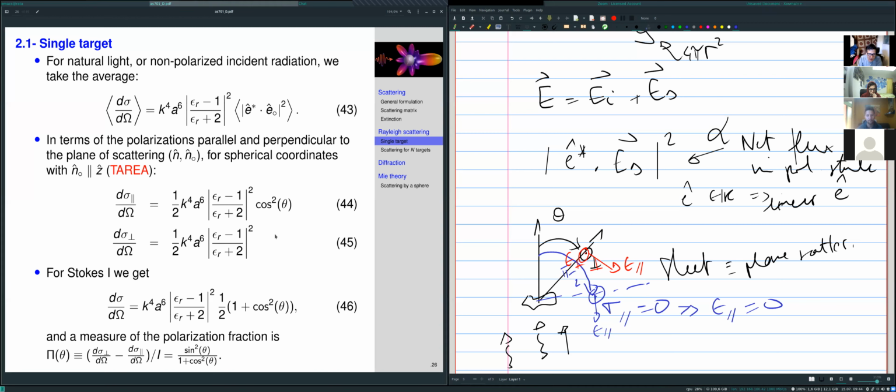When we have intermediate angles, we have this theta term, and the polarization fraction is proportional to this angle. It's not 100% polarized, but it is somewhat polarized. So you can imagine that this is not at all going to lead to natural light, is my point. Whatever theta, you always have some polarization fraction, even if the incident beam is completely non-polarized.